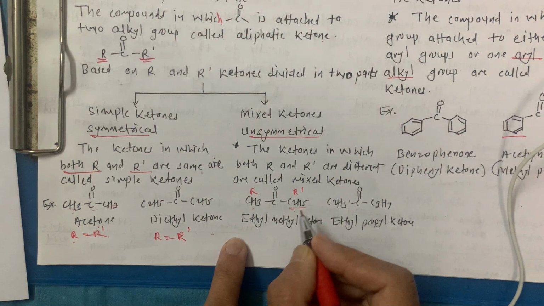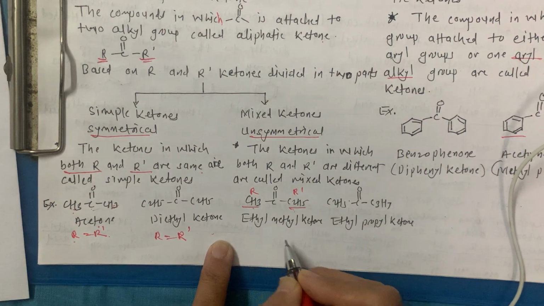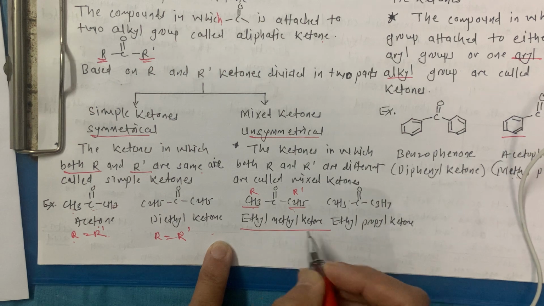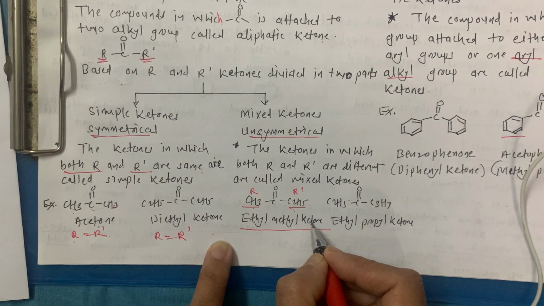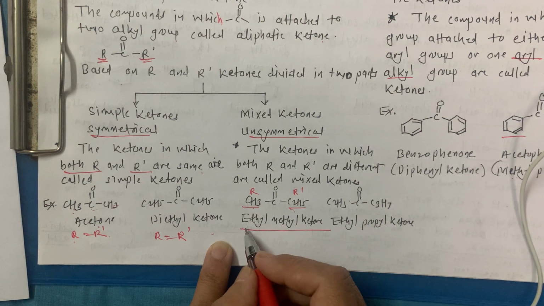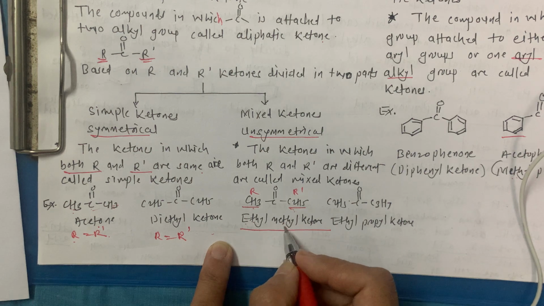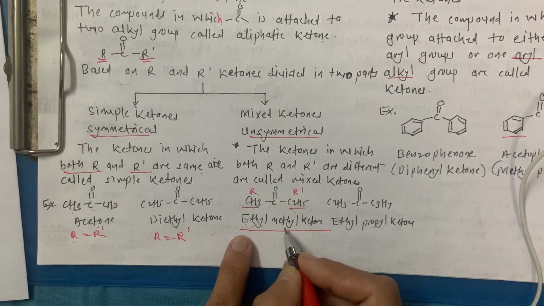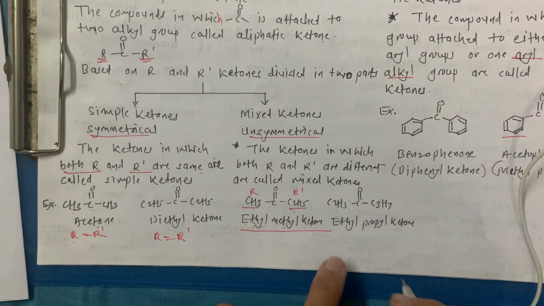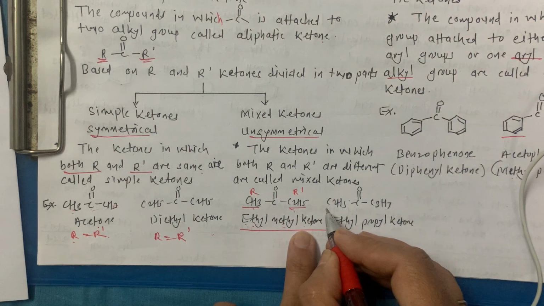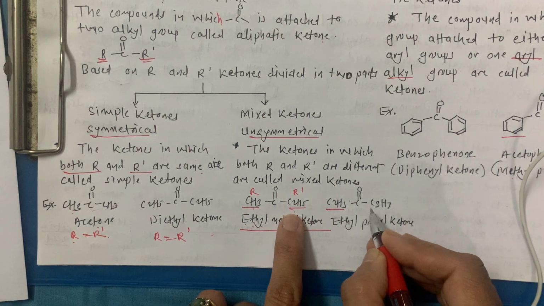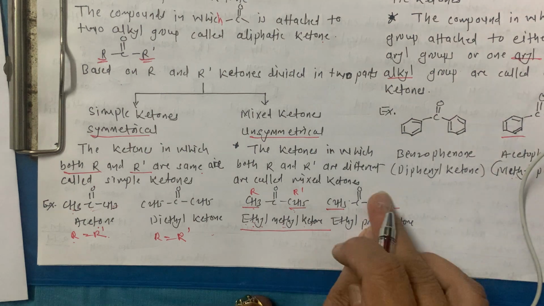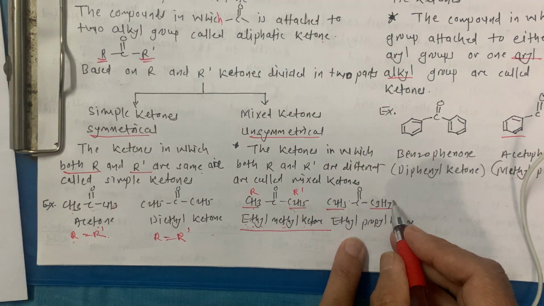Then this is our ethyl group, and this is our methyl group. So the name of the compound is ethyl methyl ketone. A, B, C, D, E: E comes first, then M. So we are writing ethyl methyl ketone. While now here this is our ethyl group, and here it is a propyl group, C3H7 is our propyl group.